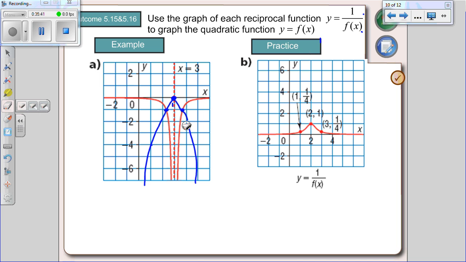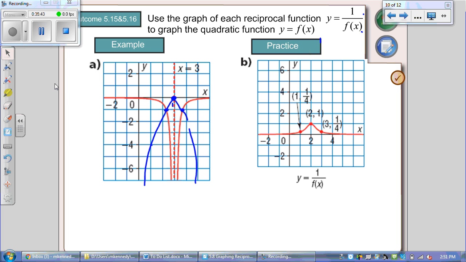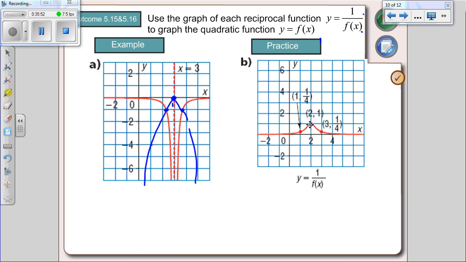They're not stupid, they're smart people. So they labeled a couple other points. In reality, they only had to give you 1 other point. They gave you 2 other points. So that's pretty nice. Go to one of those points.